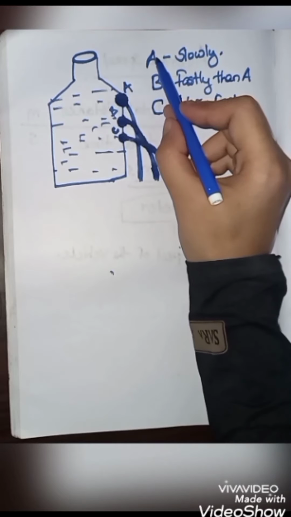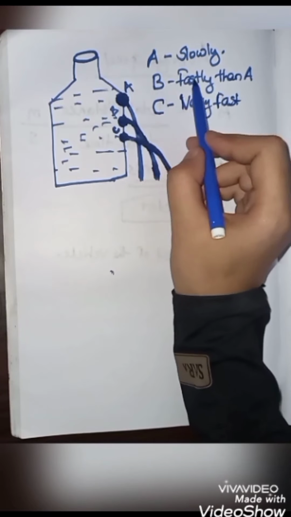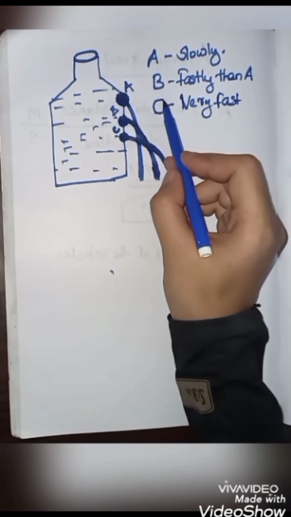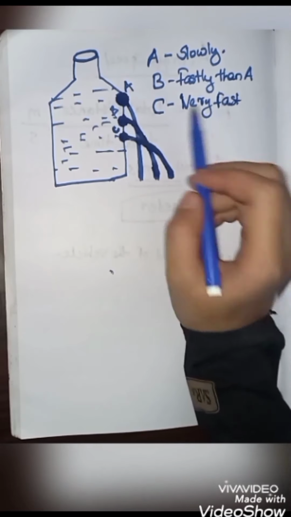So at hole A the water flows slow, at B the water flows fast, and at C the water flows very fast.